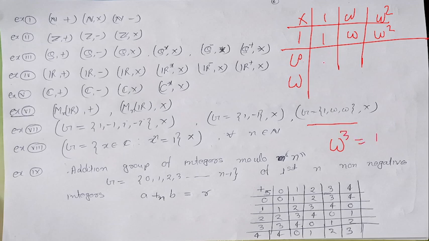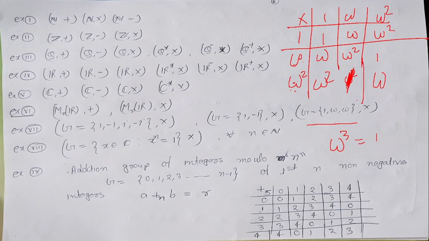So omega into omega is omega square, omega into omega square is omega cube, value 1. Omega square into omega square is omega to the power 4, and omega 4 is omega cube times omega, equal to omega.